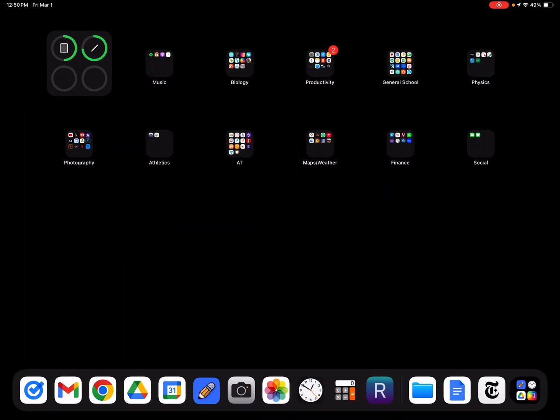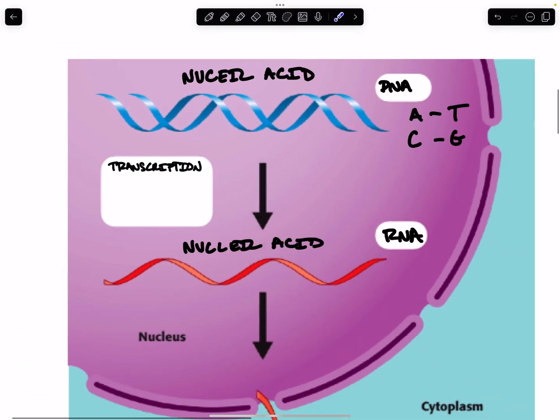RNA is very similar in its structure to the DNA, except one big difference is that it is only composed of a single strand, as opposed to the double-stranded DNA, and it has slightly different base pairs.